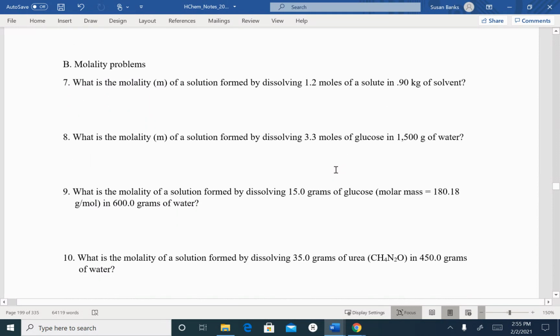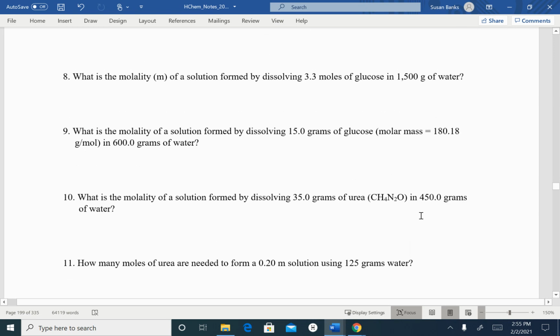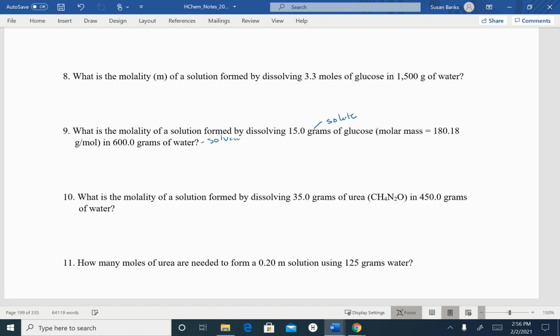Let's do number 9. What is the molality of a solution formed by dissolving 15 grams of glucose in 600 grams of water? So molality, we're trying to get moles of the solute divided by kilograms of the solvent. Hopefully you remember that the glucose is going to be the solute and the water is going to be the solvent.